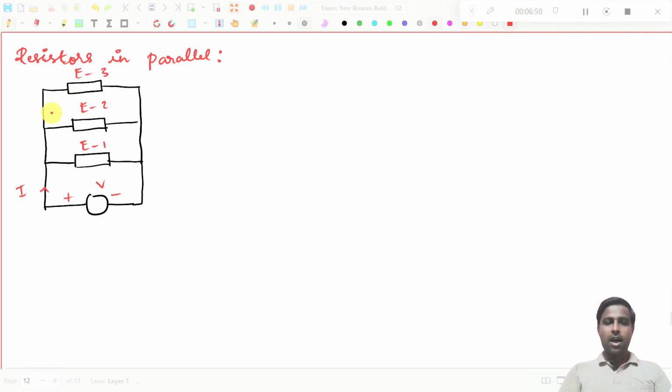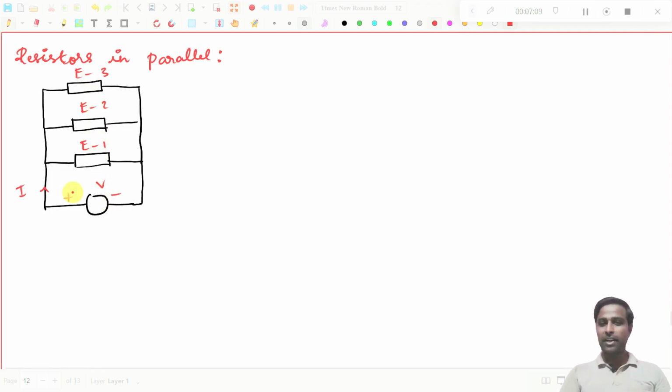Since everything gets the same plus and minus from the voltage source, all the elements will get the same voltage. Voltage in E1 will be V, in E2 also V, in E3 also V. There is no difference, right?